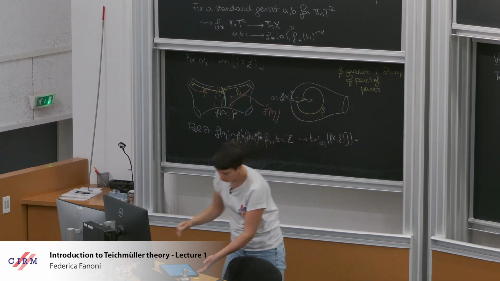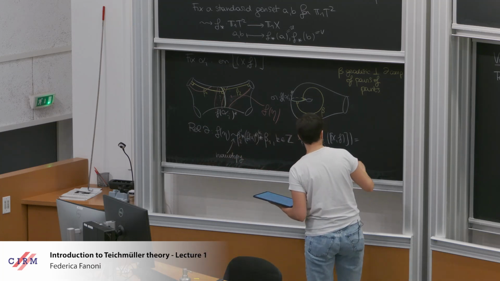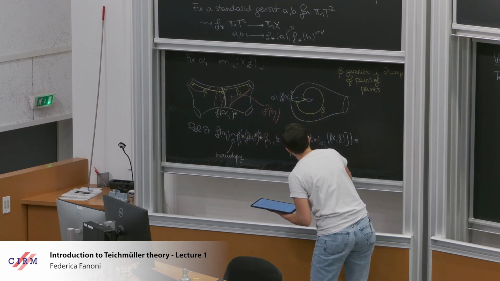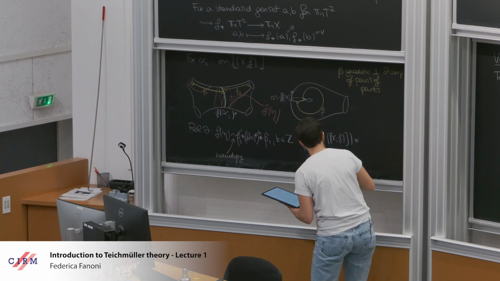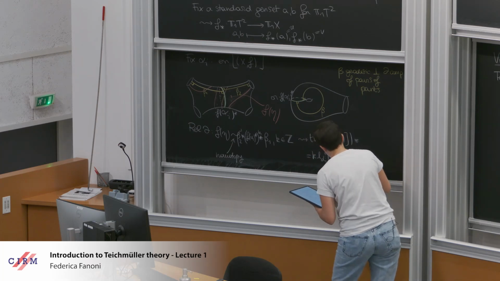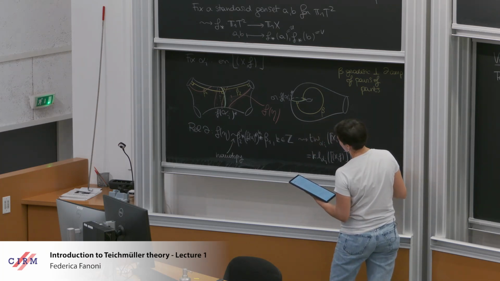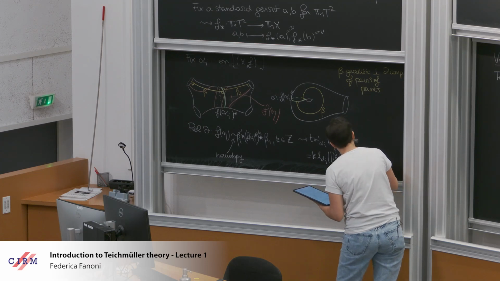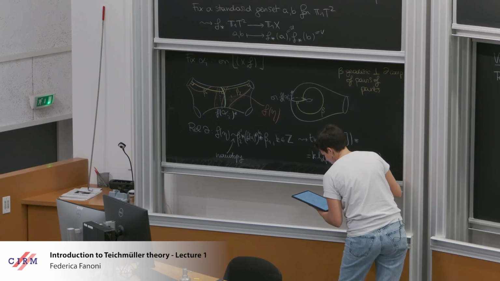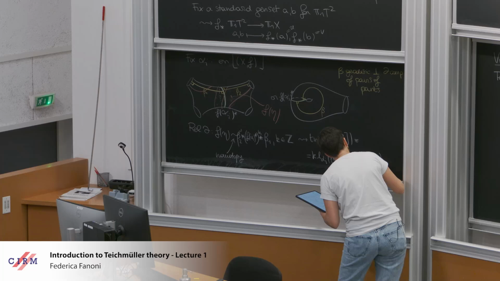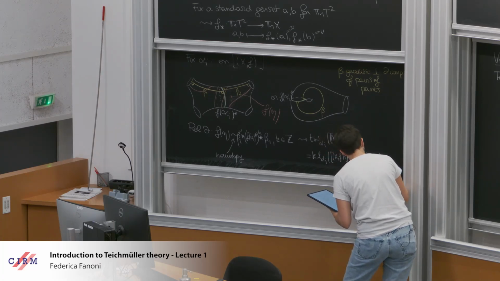This is k times the length of alpha i on my surface, and then plus or minus, depending on whether I need to go to the right or to the left, the distance between P1 and P2, so plus is if I need to go to the left, and minus is if you go to the right.